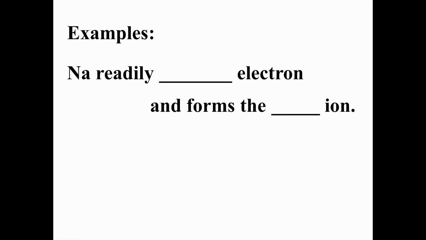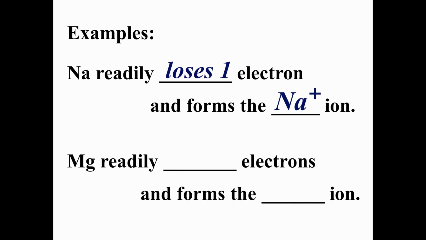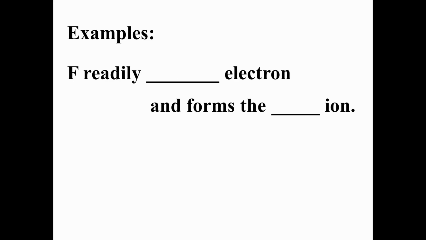Well, for a few examples first, sodium readily loses an electron and forms the Na+ ion. Mg loses 2 electrons and forms the Mg+2 ion. We've seen these already. On the other side of the periodic table, fluorine readily gains 1 electron and forms the F- ion, kind of like chlorine did.